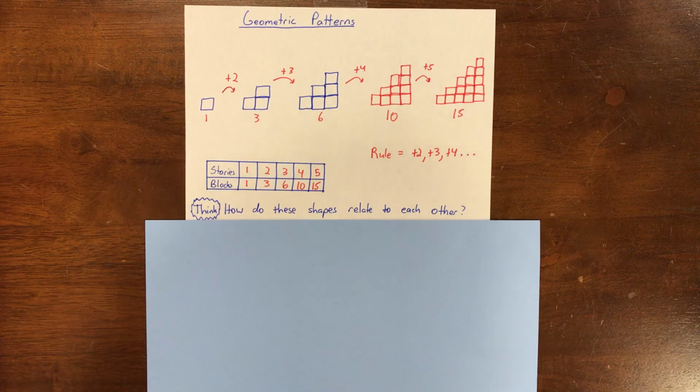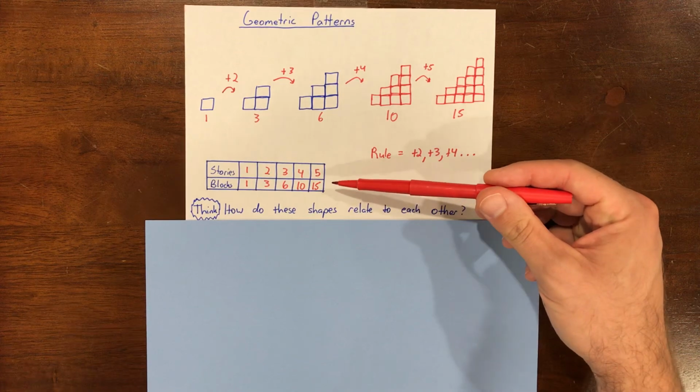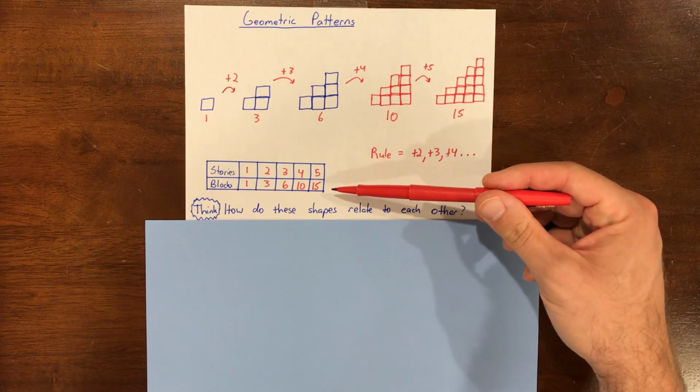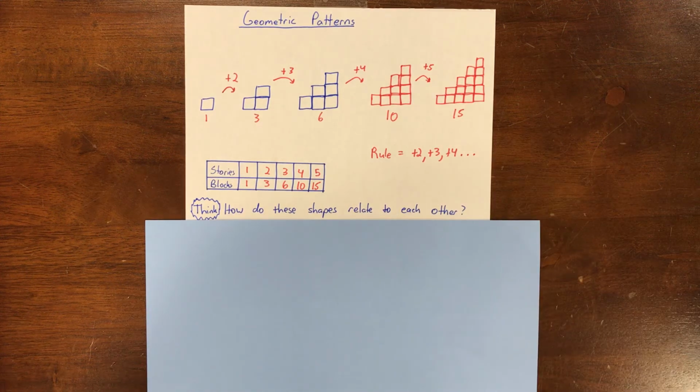Okay, one last question to make sure we're clear on something that might be confusing. How is this table here different than the in and out tables that we've been working with previously? Say it out loud. Yeah, we aren't putting in a number, applying a rule, and then getting a new number out.